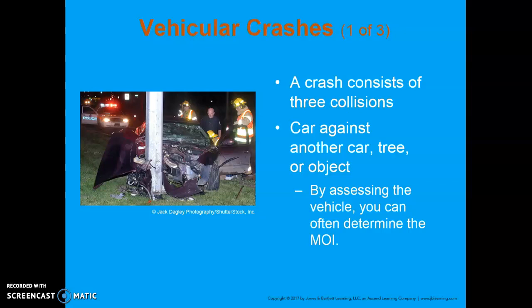But when a crash occurs, there's typically 3 collisions. So the car against an object, typically another car or a tree. The damage to the car itself does not directly affect your patient care, but provides information about the severity. By assessing the vehicle, you can often determine more about the mechanism of injury.